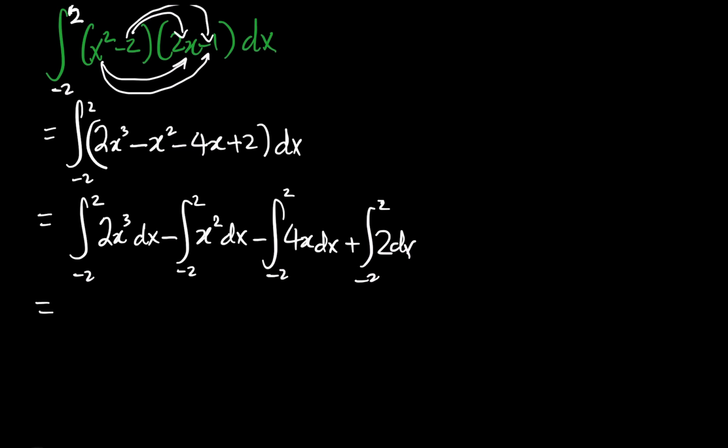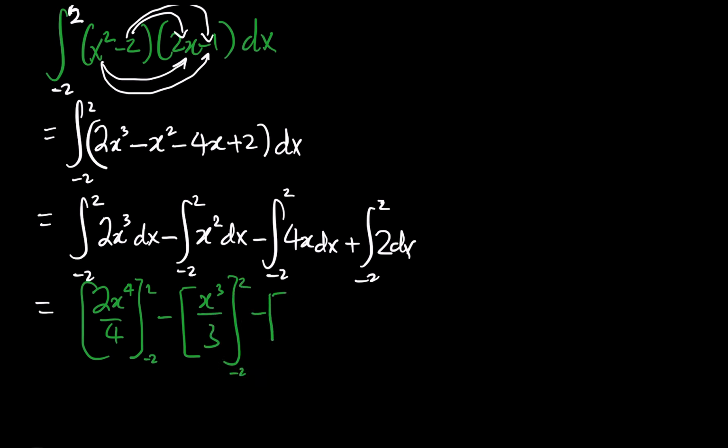Now we're going to integrate, and when we integrate, we're going to get 2x to the power 4 over 4. Put in the box negative 2 and 2 minus, put a box there, x cubed over 3 negative 2 and 2 minus a box 4x squared over 2 negative 2 and 2 plus 2x over 1 negative 2 and 2 in that order.